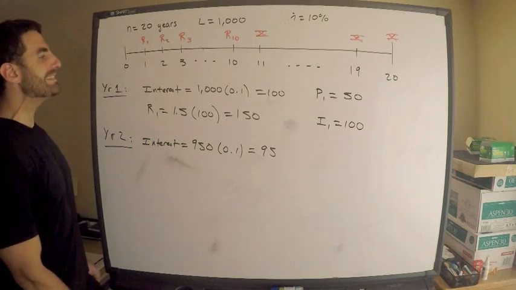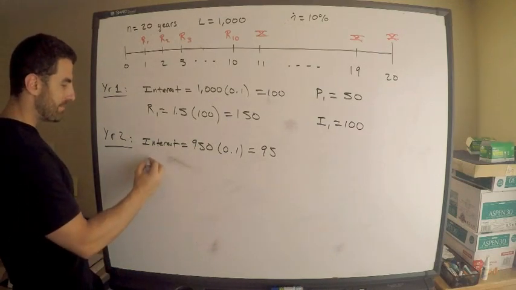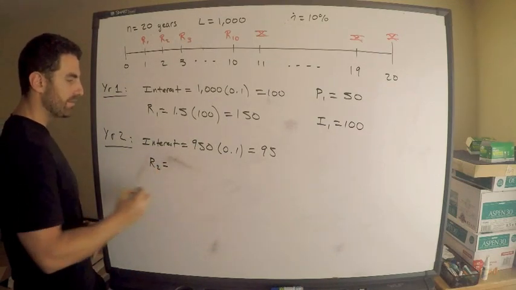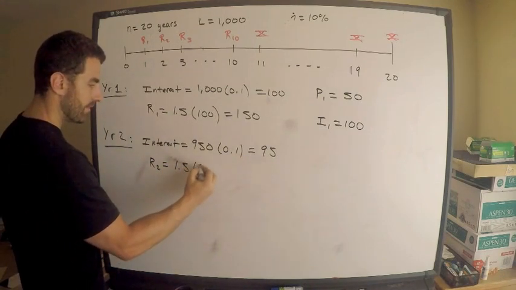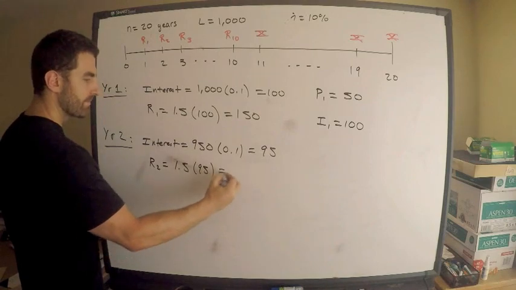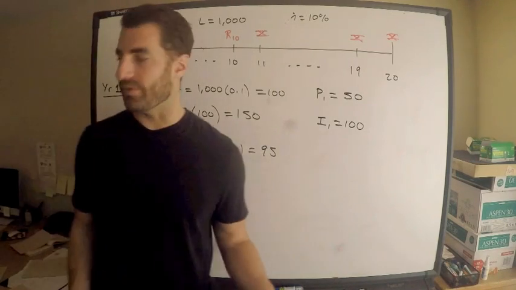Which means that the payment in year two is 1.5 times that, 1.5 times 95, which is equal to something.